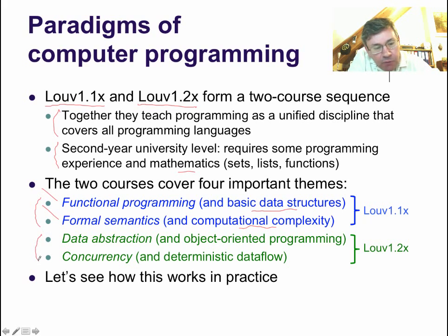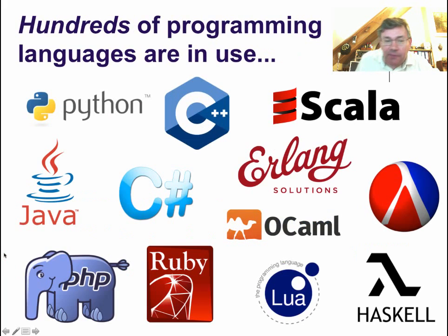And in Louvain 1.2x, we will continue and talk about data abstraction and concurrency. Object-oriented programming is covered as part of data abstraction, and in the part on concurrency, we'll talk about a particular very nice way of doing concurrent programming called deterministic dataflow. Let's now see how we're going to do this in practice.